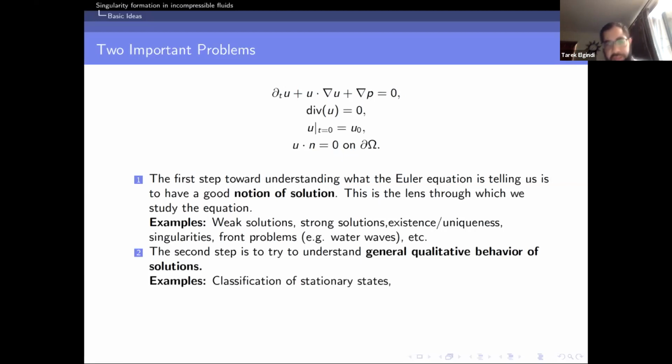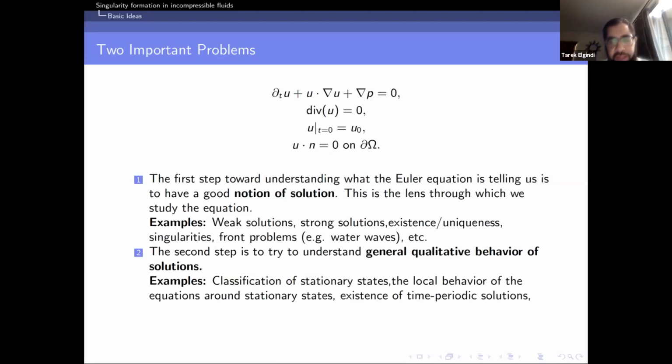Examples of this would be talking about stationary states and the local behavior around stationary states, about stability and asymptotic stability and things like that. And then you can start to look for more exotic things, and you can also ask about generic behavior.